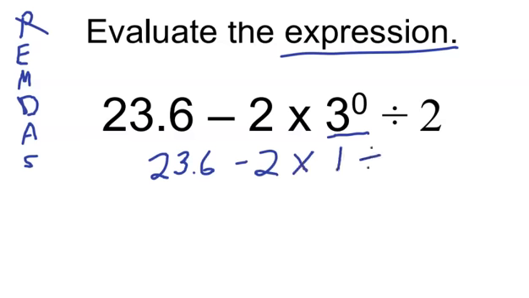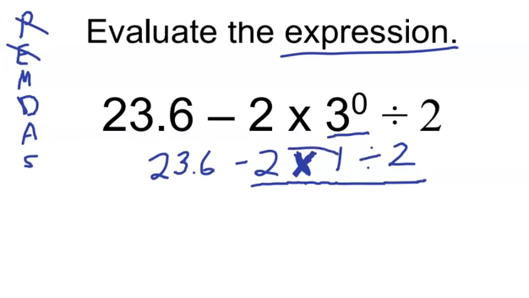So I'm just going to change it. All right, so the exponents are done. Then we look for multiplication and division. And actually, we've got to make sure we know this is a times sign, so we don't treat that as an x. So we have 2 times 1 divided by 2. Oh, well, that's interesting. So what is 2 times 1?